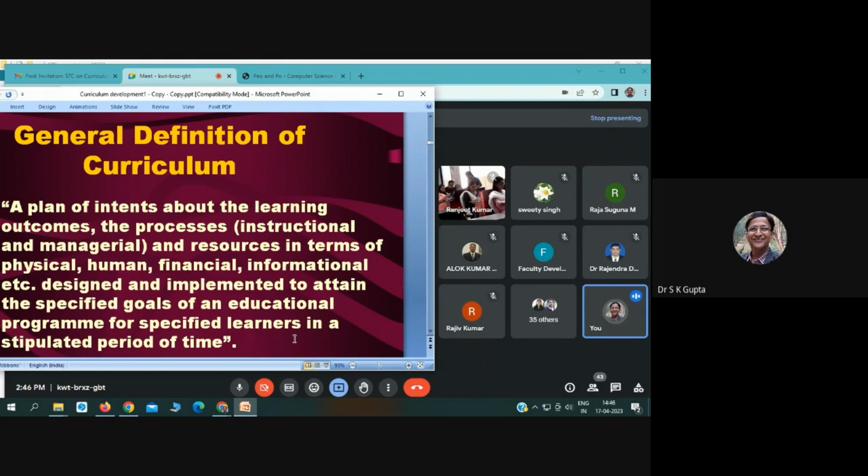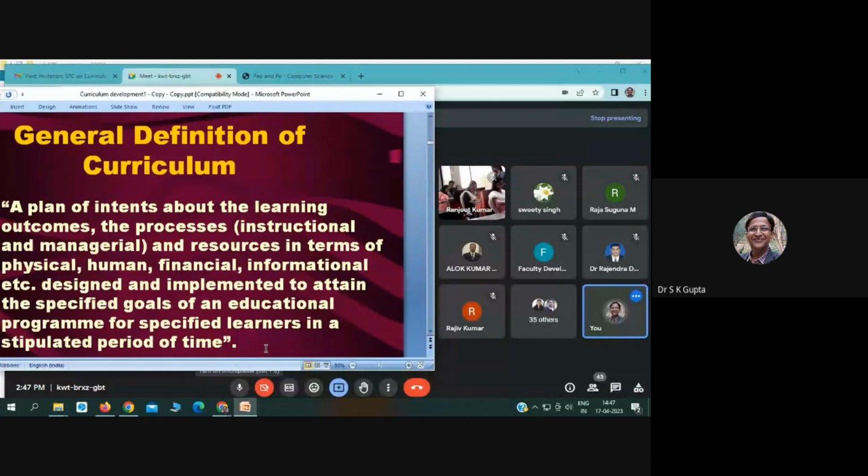Specified learners means if it is a diploma program, our students will be 10 plus. If it is an undergraduate program, then our students will be 10 plus 2. What is the stipulated period of time? For diploma, it is a 3-year program, and for degree, it is a 4-year degree program.